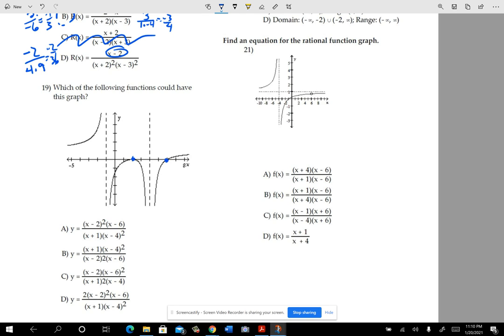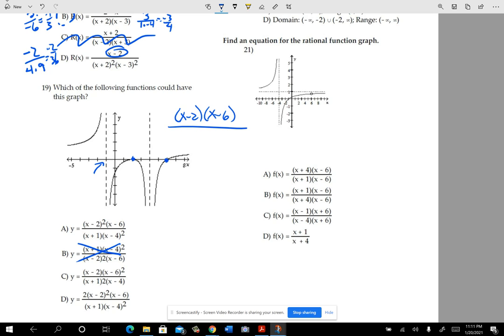The numerator would have to have an x minus 2 factor, and it would have to have an x minus 6 so that the top part could turn out to be a 0. Because that's what would cause the whole function to equal 0. So I know that much, which means this one's out. All right, now look at the asymptotes. This means you'd have to have an x plus 1.